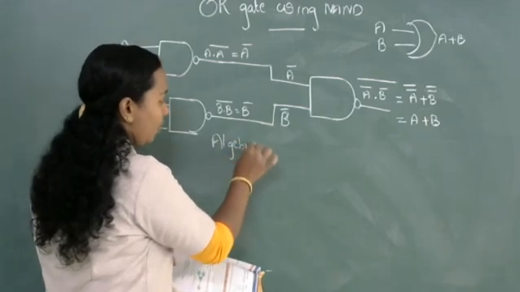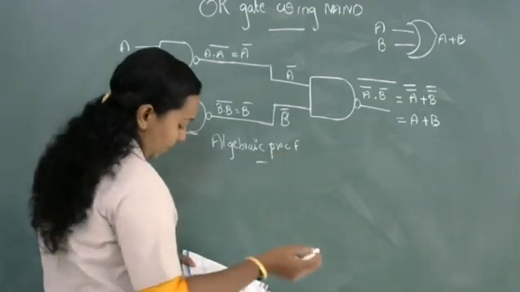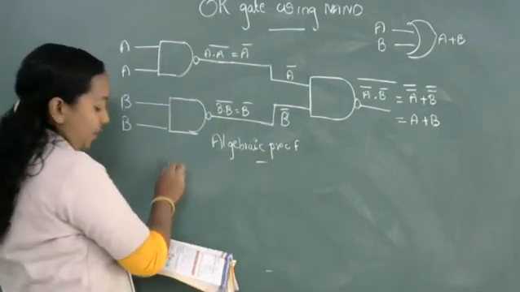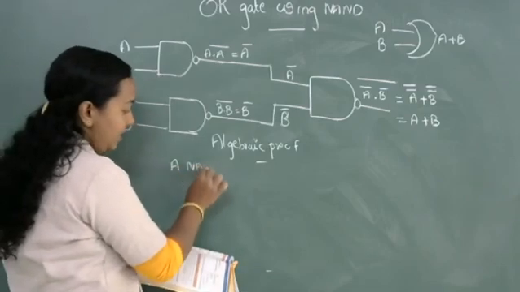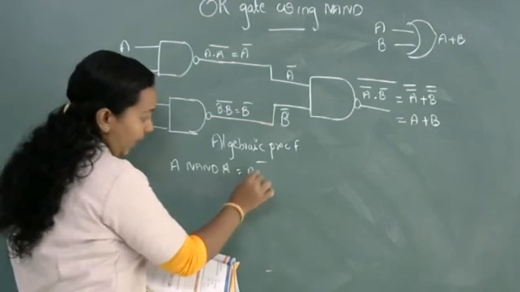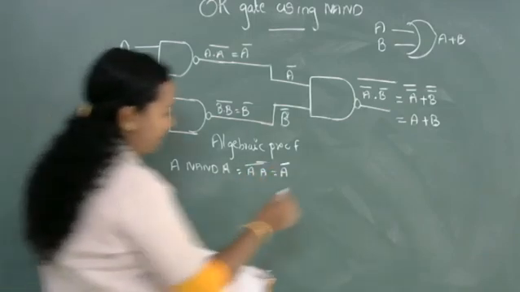Algebraic proof. Algebraic proof means, A NAND A. What does this expression indicate? A NAND A is equal to A dot A all complement, which is equal to A complement.